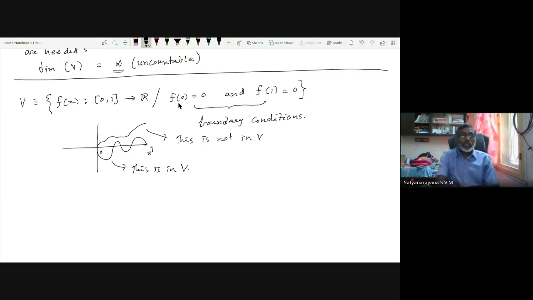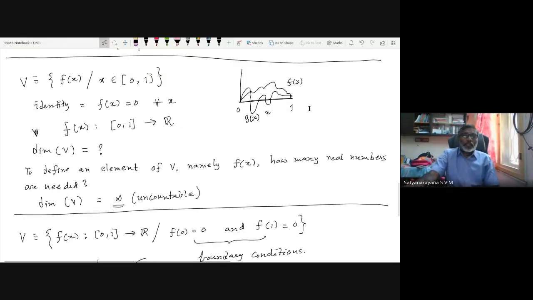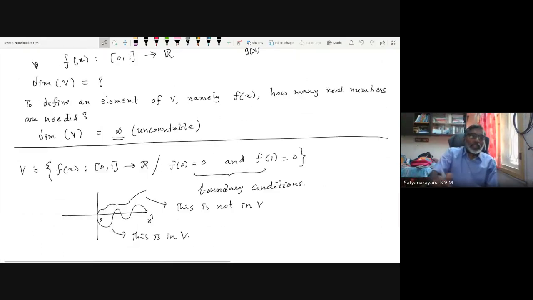Now if you look at the previous example, let us call this one V tilde. So this is not in V tilde and this is in V tilde.